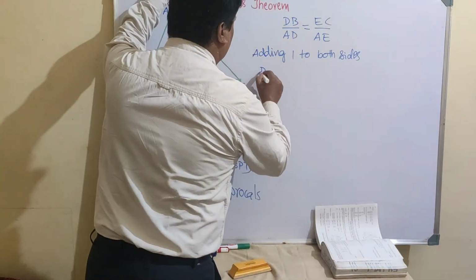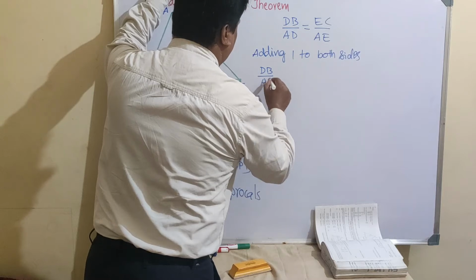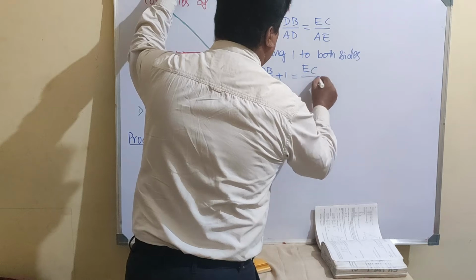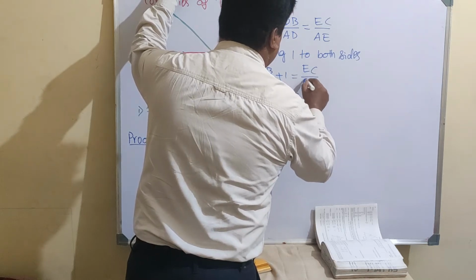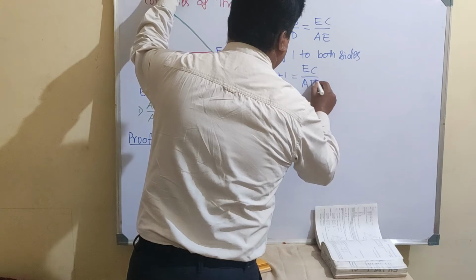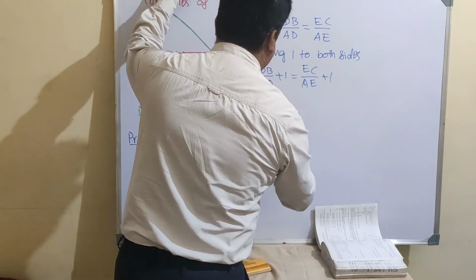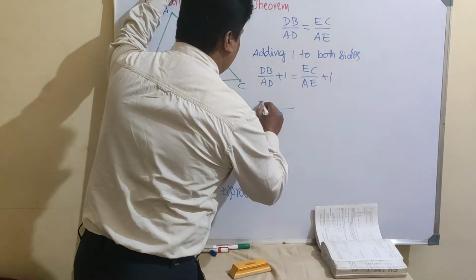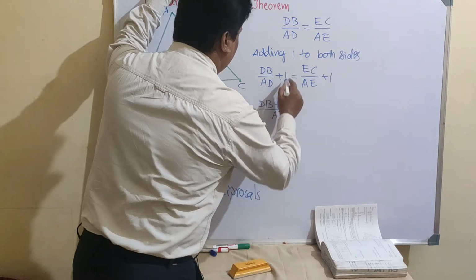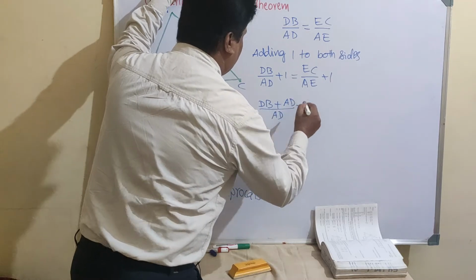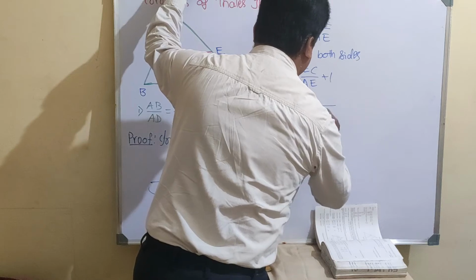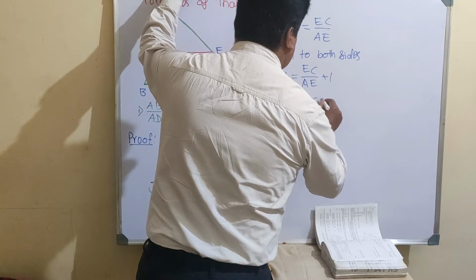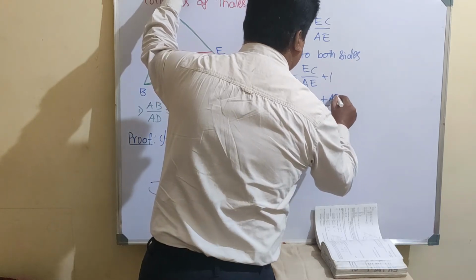Then what we get? DB by AD plus 1 is equal to EC by AE plus 1. If we take AD as LCM, we can write DB plus AD, and if we take AE as LCM, then we will get EC plus AE.